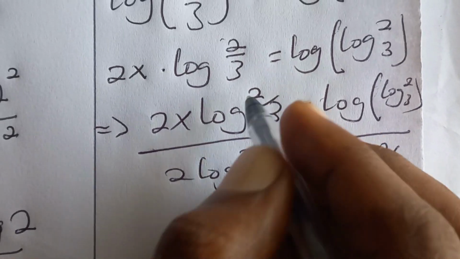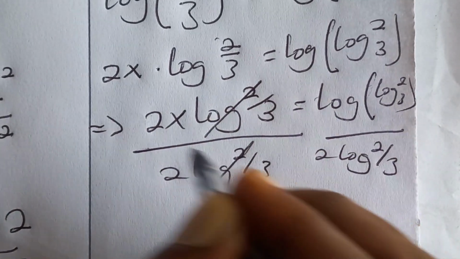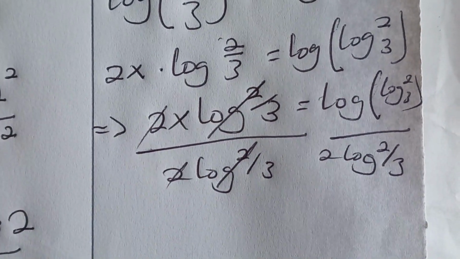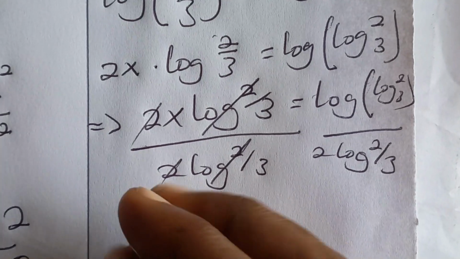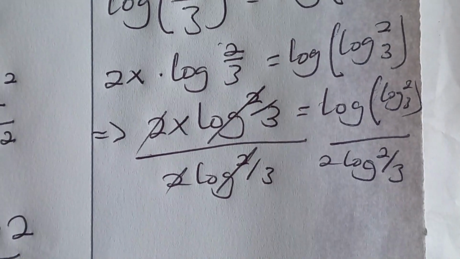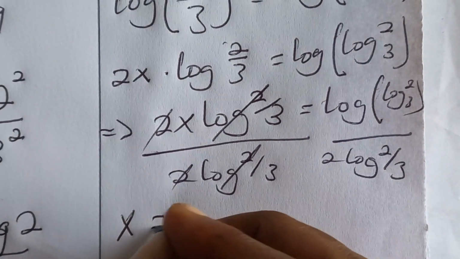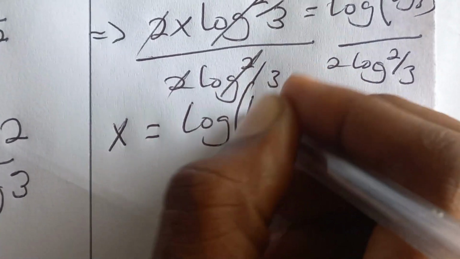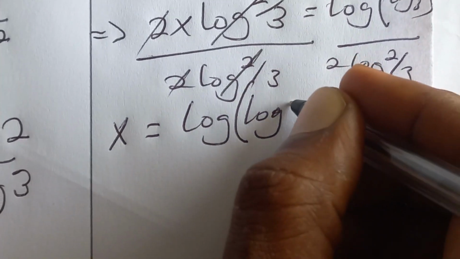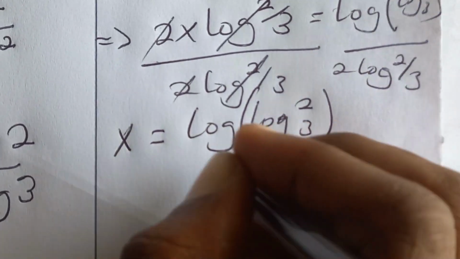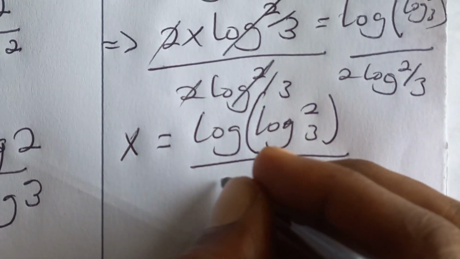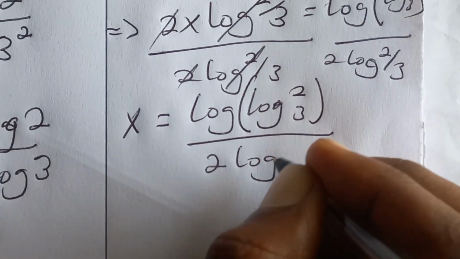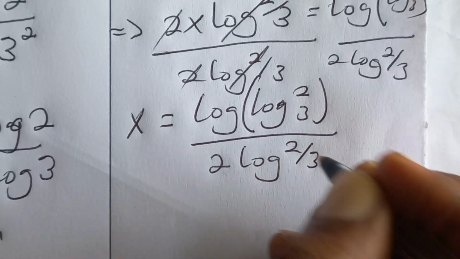So this one cancels this, then the 2 cancels this. So now we are going to get x alone. So x is equal to log of log 2 base 3 on 2 log 2/3.